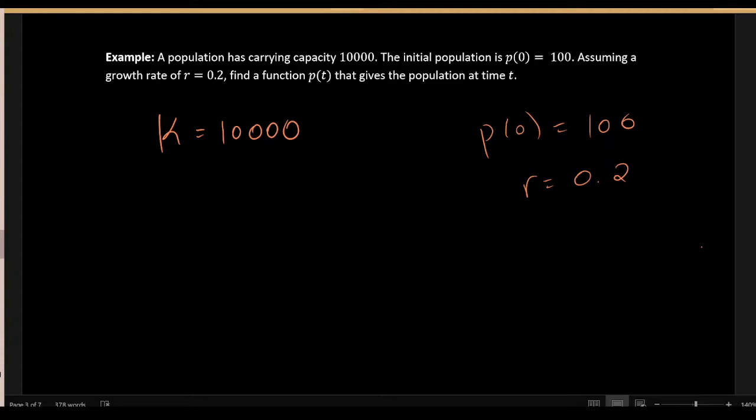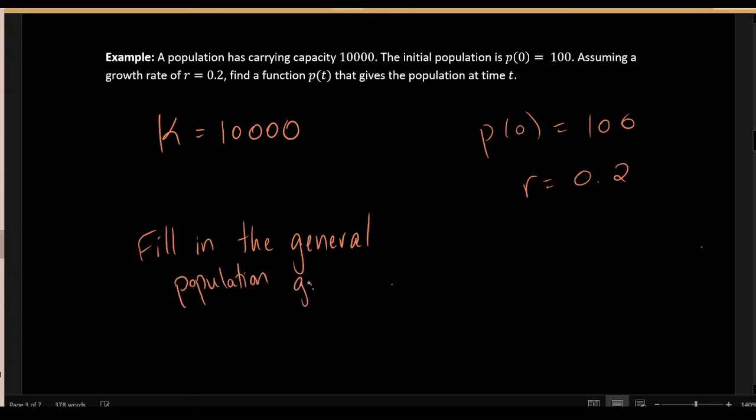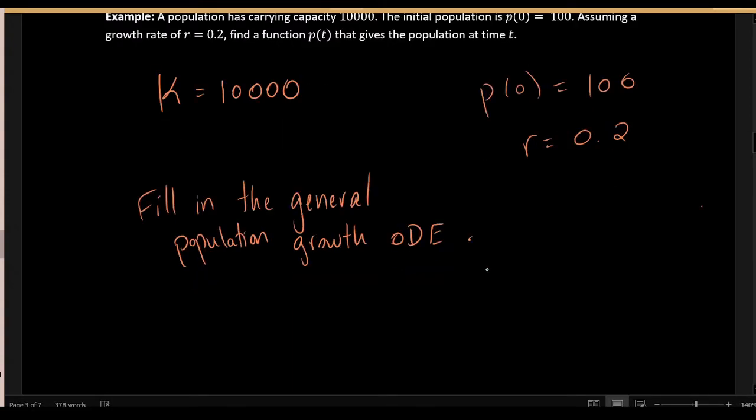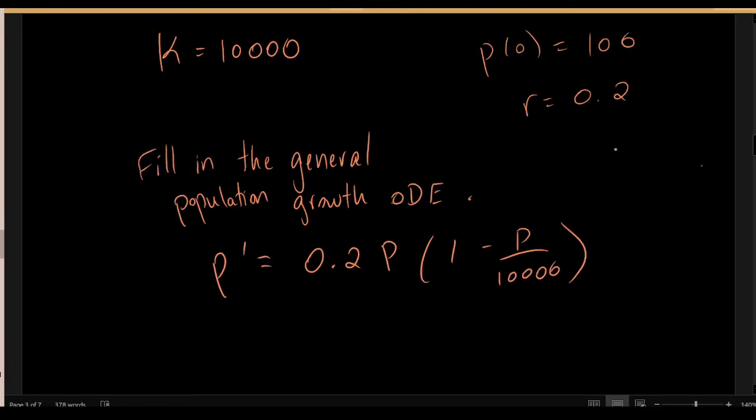So what I'm going to do is use these parameters to fill in the general population growth ODE that was given on the previous page, which said that p prime was equal to the growth rate r times p times 1 minus p divided by 10,000.